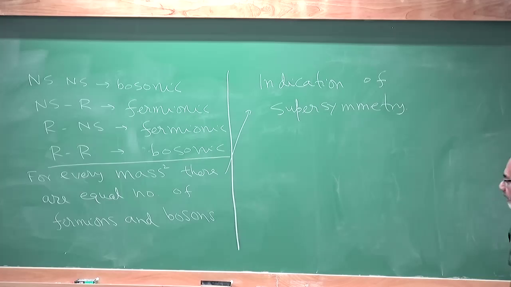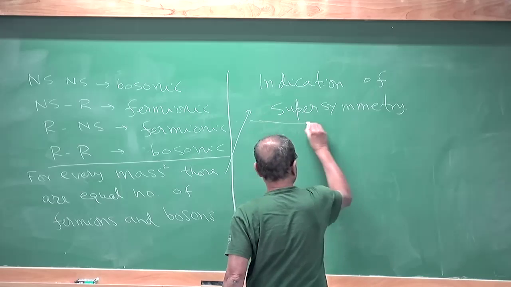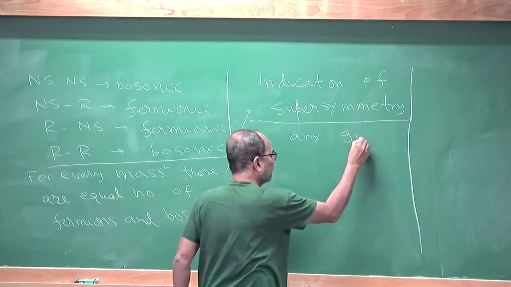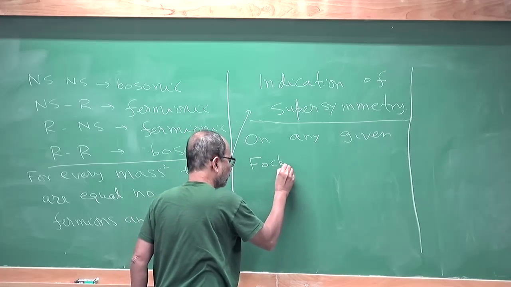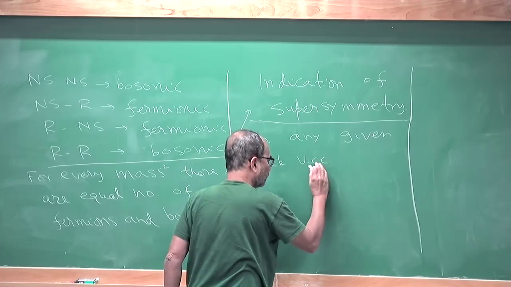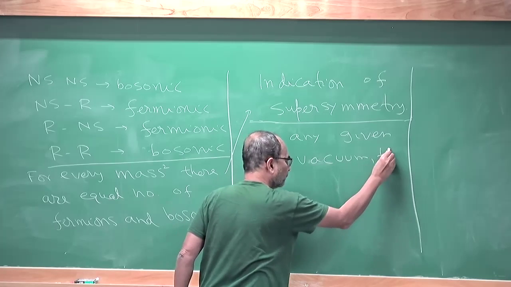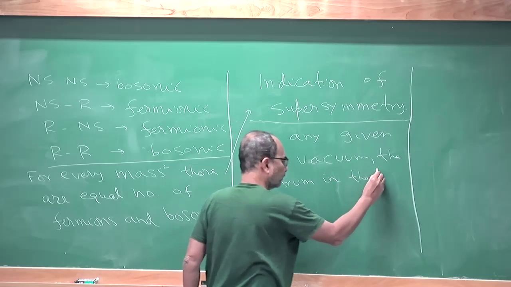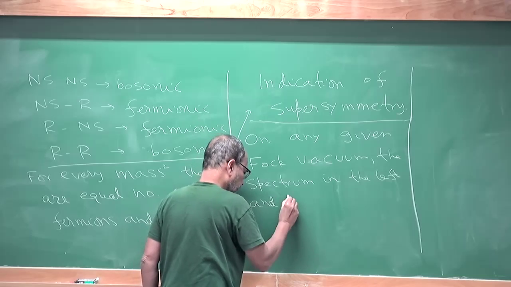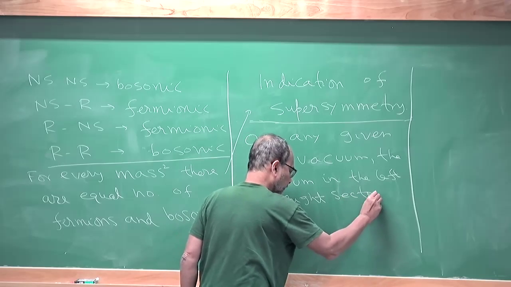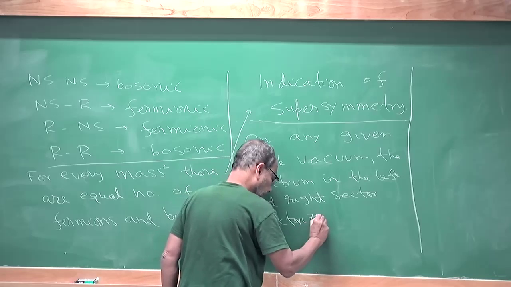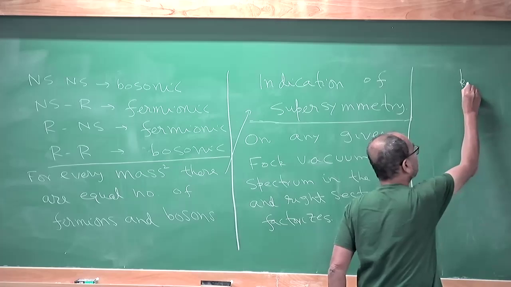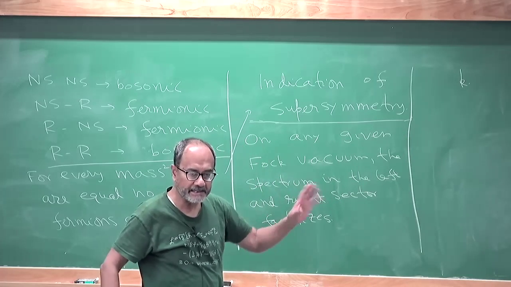Another feature of the spectrum that should be obvious, and this is also true for the bosonic case, is that on any given Fock vacuum, once you have chosen a K, the left and the right sectors can be independently constructed.